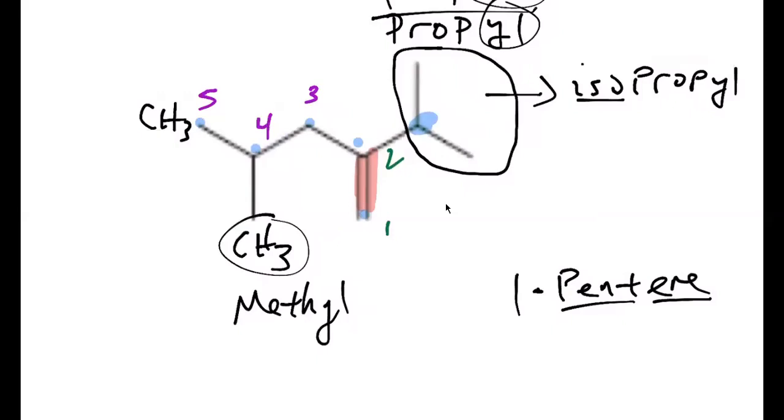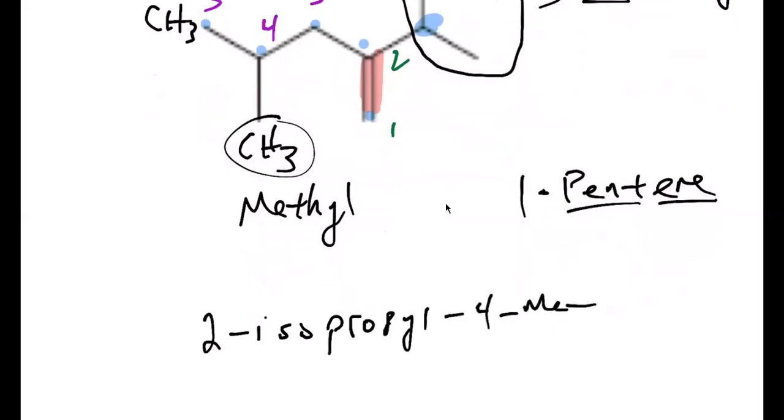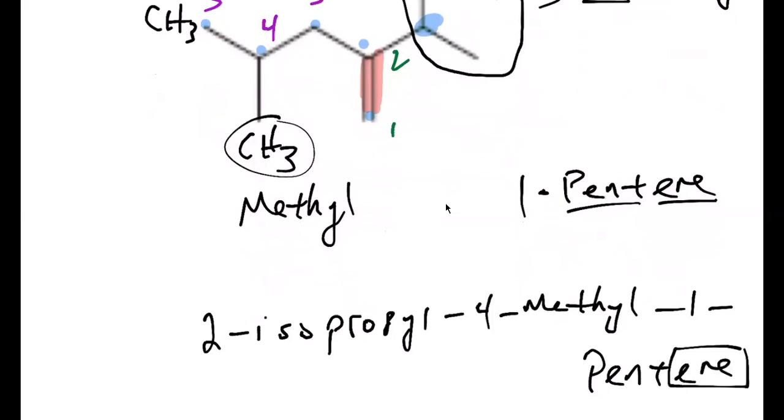It's at 2, right? Yeah, 2. All right. So then I comes before M. Is that right? Yes. So 2-isopropyl-4-methyl-1-pentene. Always put that ene on the end to indicate that there's a double bond present.